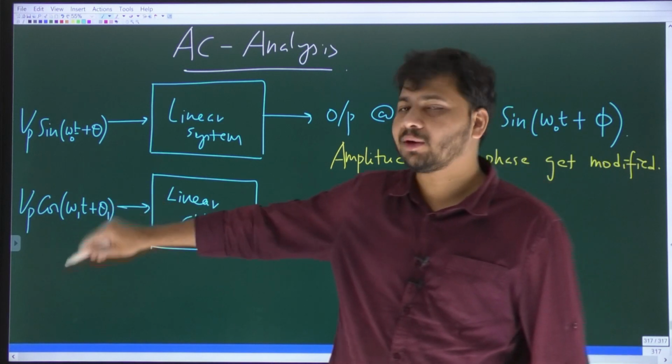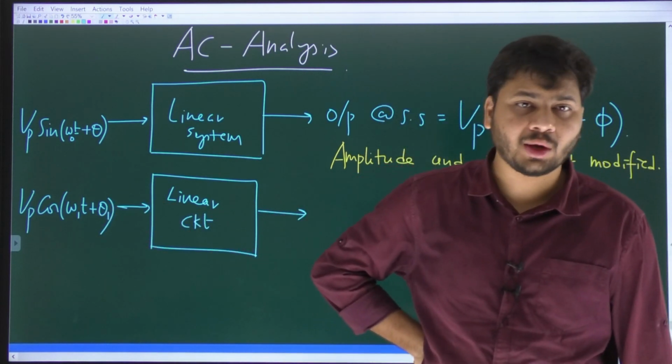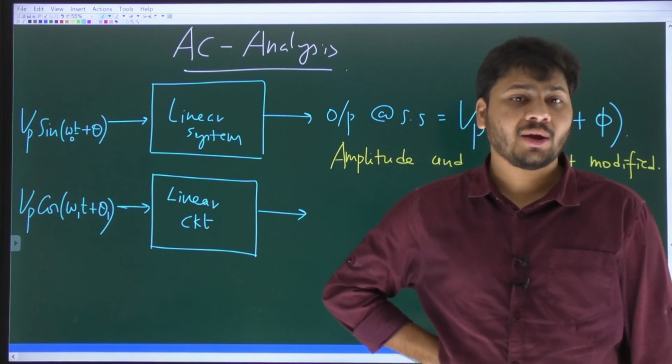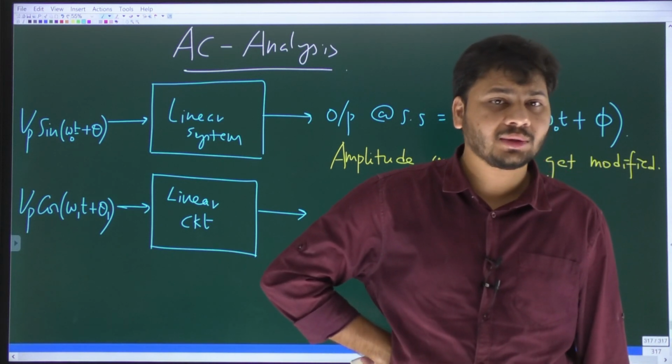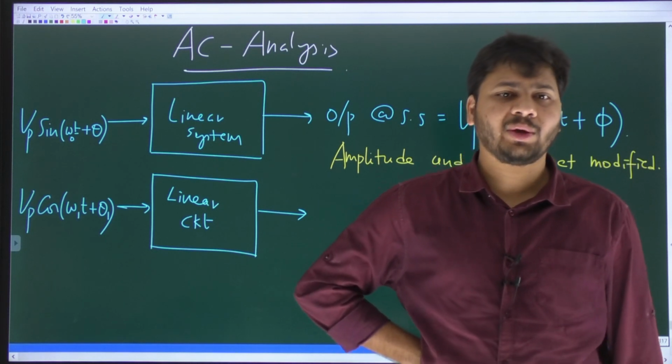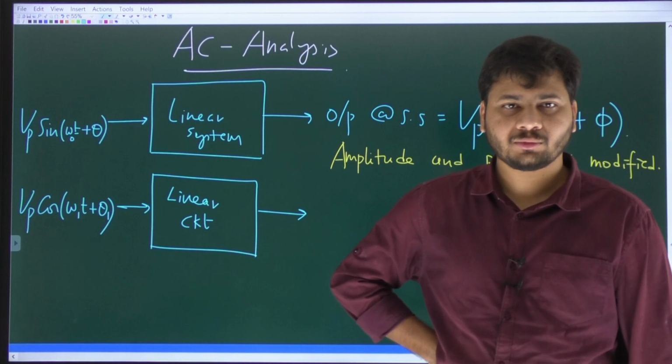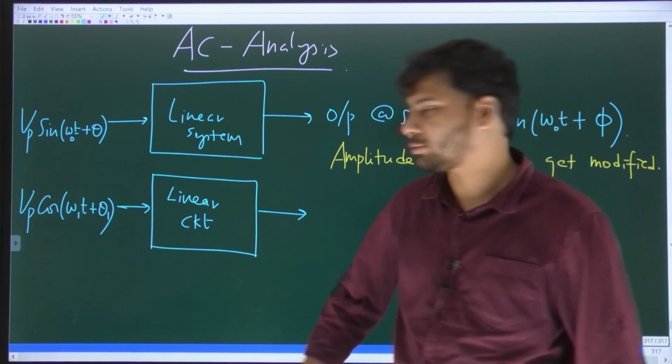What is the frequency of the input sinusoidal source? It is omega 1. So if this linear circuit reaches steady state, every voltage and every current in that circuit is also going to be sinusoidal at the same frequency. What is that frequency? Omega 1.